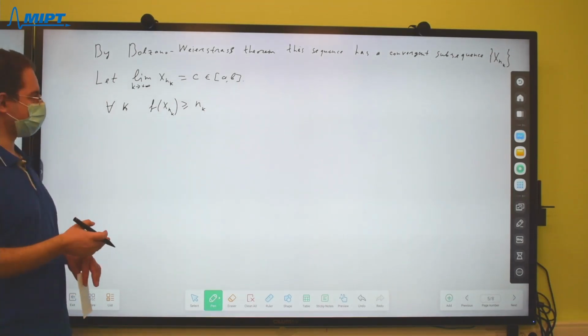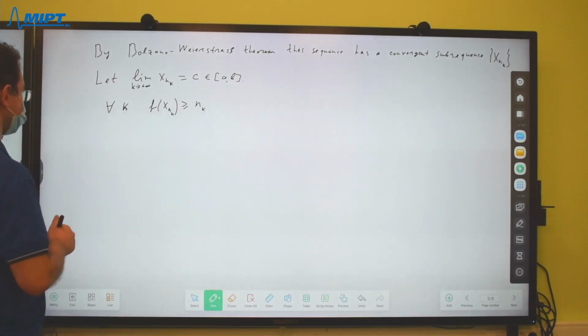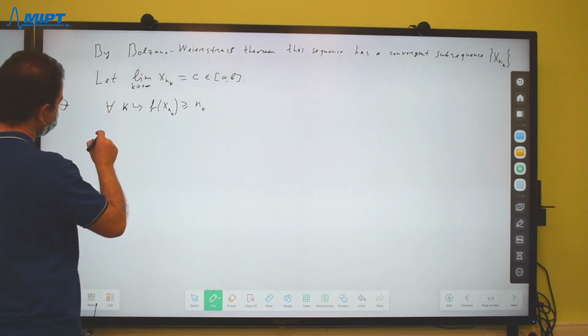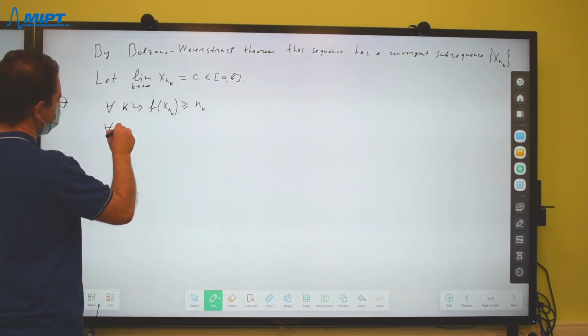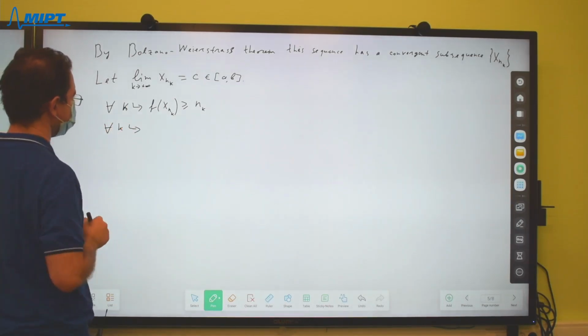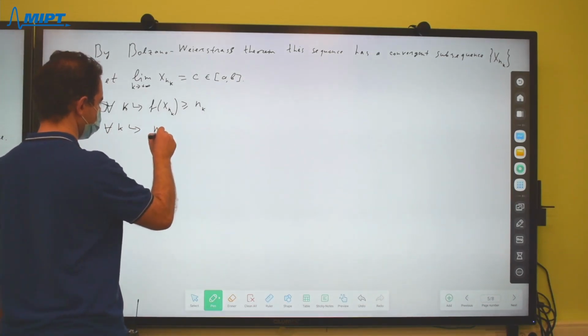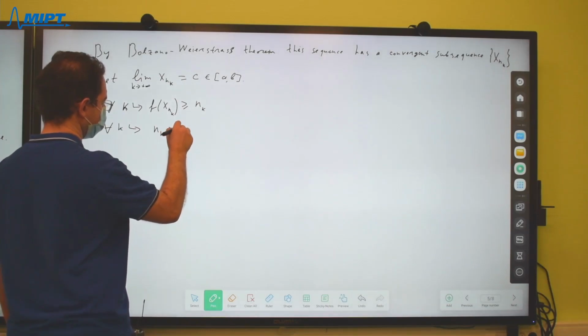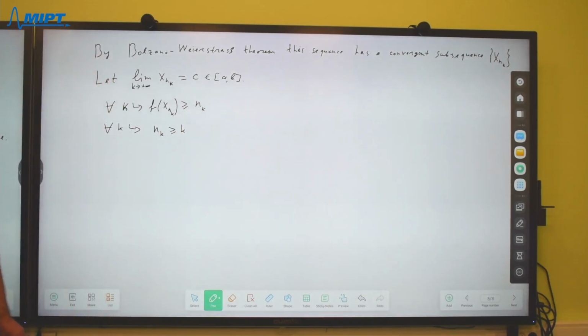So if we put n_k instead of n, we have this statement. Also, we know that for any k, it is true that n_k is greater or equal than k, by the note that we discussed just before this theorem.